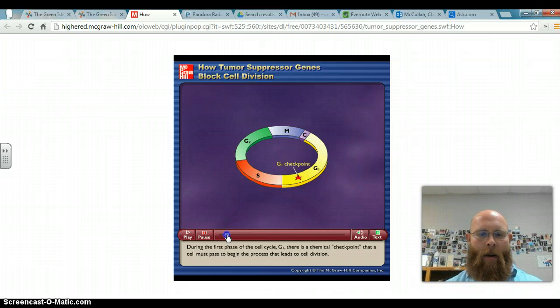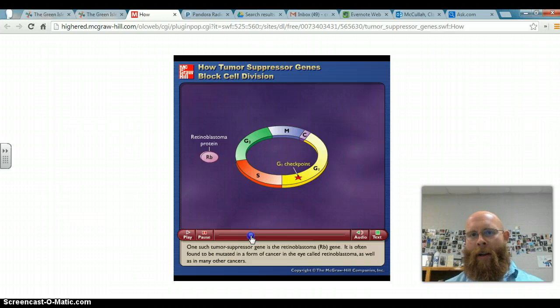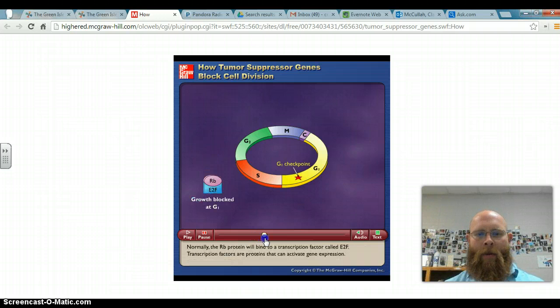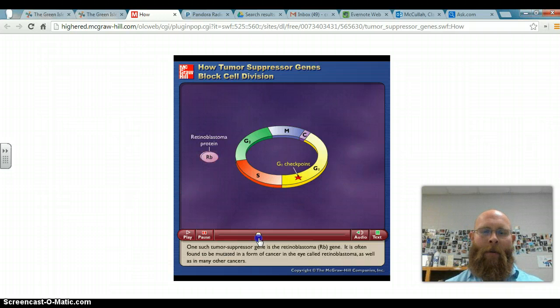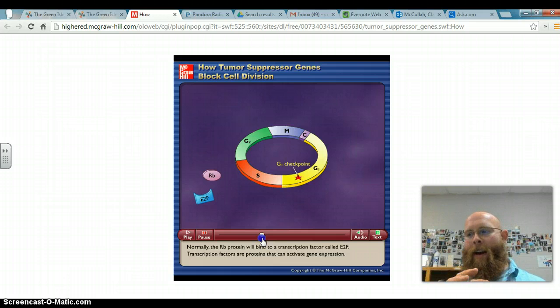First thing we need to understand is that there's a protein called retinoblastoma, RB, and another protein called E2F. E2F comes from a family of transcription factors whose job is to attach to sections of DNA and increase or amplify the amount of proteins made from that section.